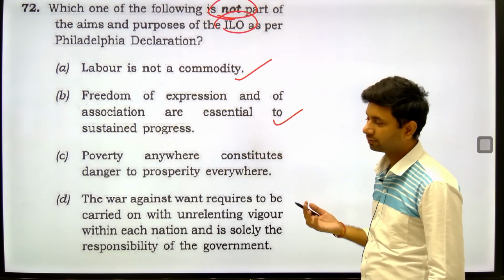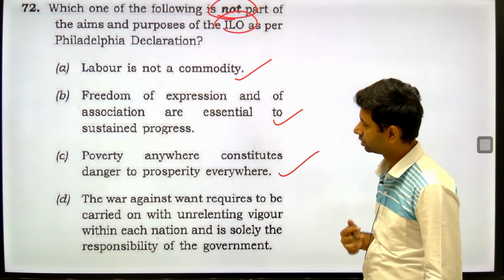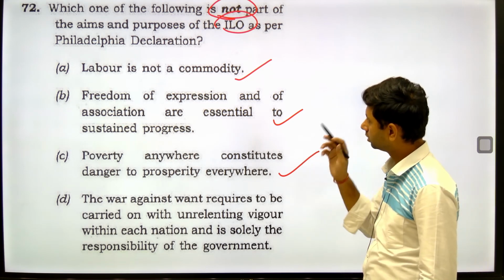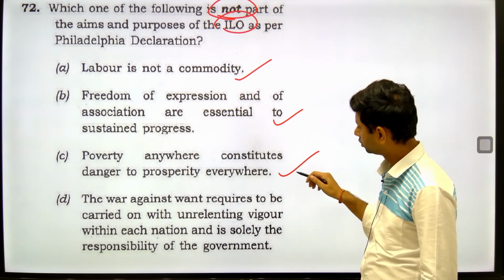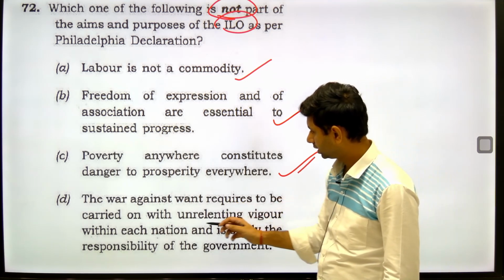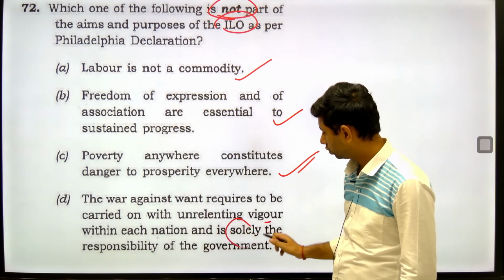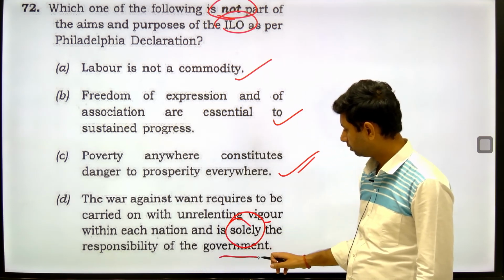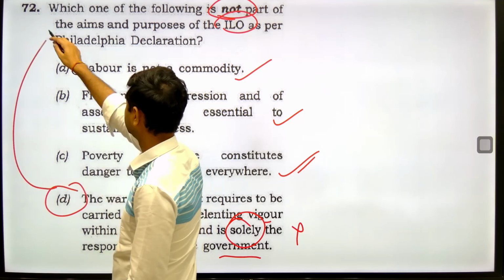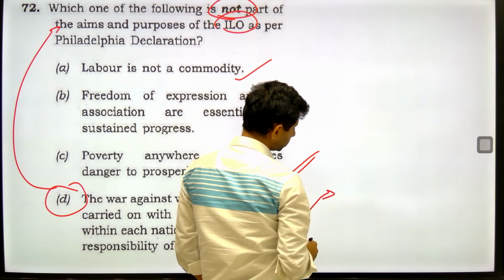Again, a positive aspect, should not be incorrect. Poverty anywhere constitutes danger to prosperity everywhere. So this is also a very good statement. It should be a correct thing. The war against want requires to be carried on with unrelenting vigor within each nation and is solely the responsibility of the government. So this is actually wrong, and that means this should be the correct answer for 72. Why solely the responsibility of government?